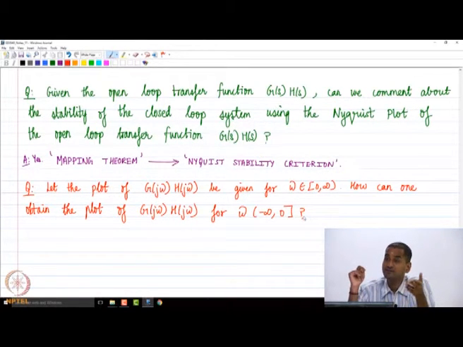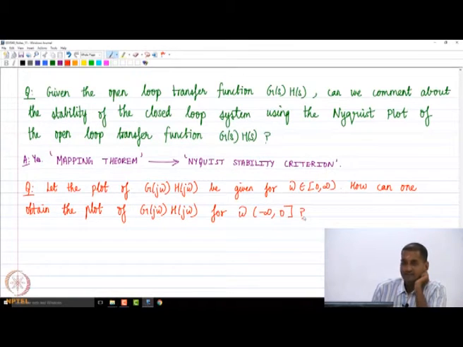How can I get the Nyquist plot of the same transfer function when I go from minus infinity to 0? Please try this out for all the transfer functions that we have plotted till now, and figure out what happens. Let me do one example, and then of course I am going to let you extrapolate.